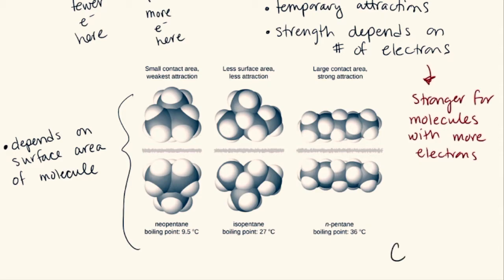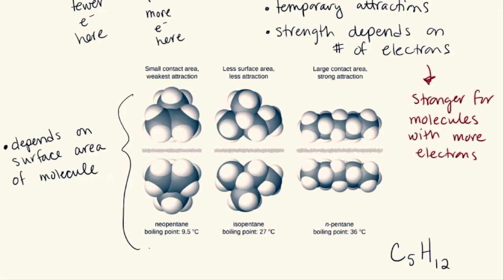C5H, what, 1, 2, 3, 4, 5, 6, H12, I think. Would each have 3 hydrogen on them? Okay, C5H12, I think. All of them have the same formula, but they're structured in a way that some are longer and some are more branched.